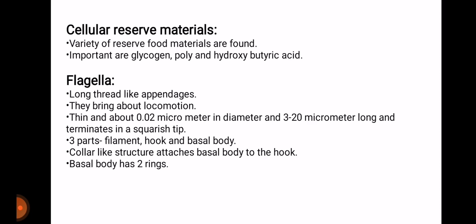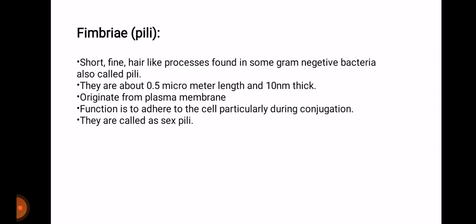In the case of gram-positive bacteria, the basal body is much simpler and has only one ring. So, the next one is fimbriae or pili. These are short, very fine hair-like processes found in some gram-negative bacilli.